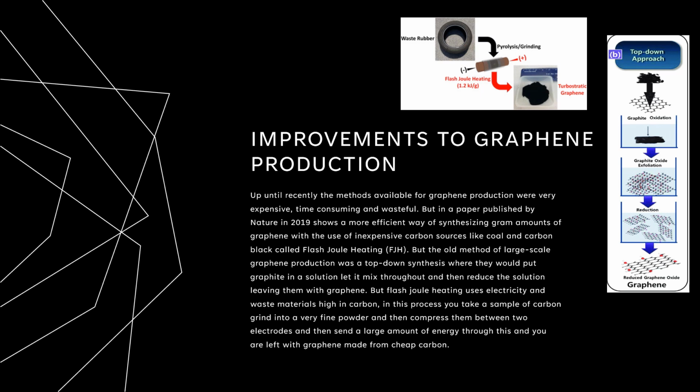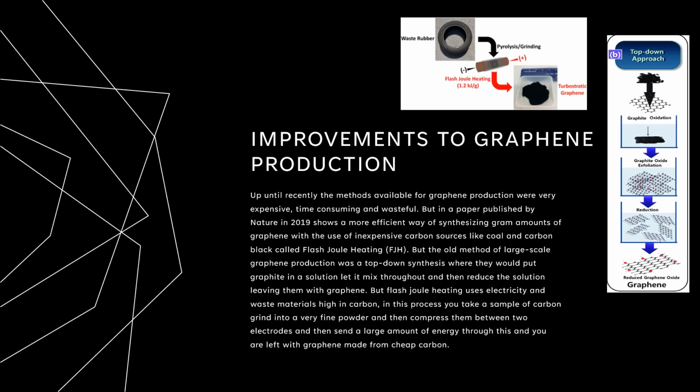One of the pictures I have is the top-down approach, and that was for a long time the main method of producing large quantities of graphene, where you put a sample of carbon in a solution, you let that sample mix fully into the solution, and then you reduce the solution, and what you're left with is graphene. With that, you have to have large amounts of solvent in solution, and then you also have to have a very pure carbon source that you're beginning with.